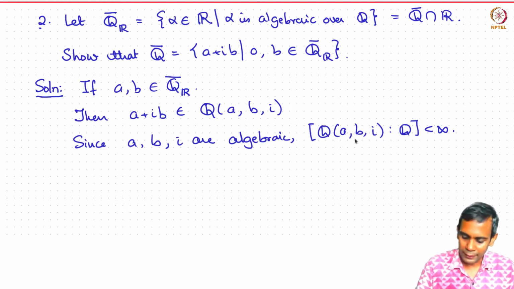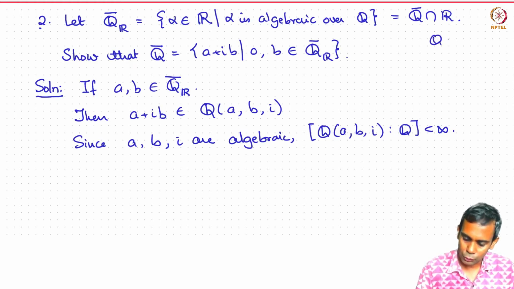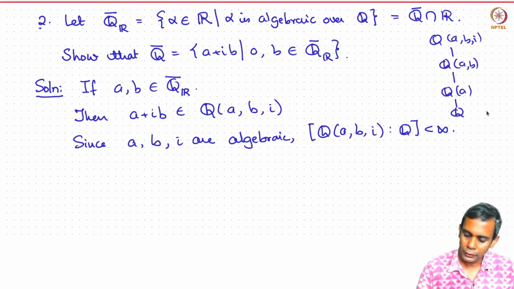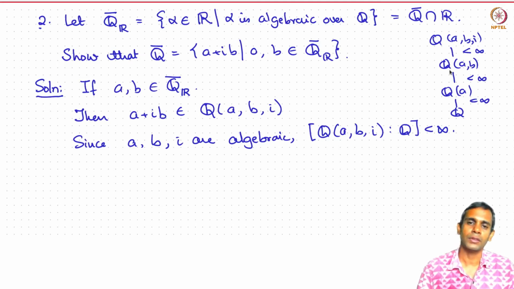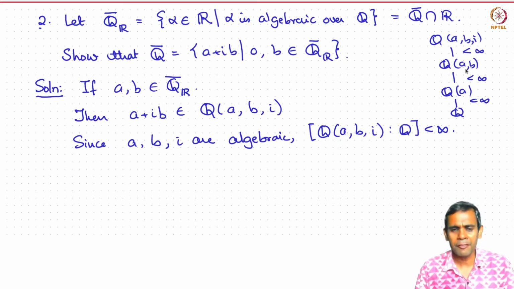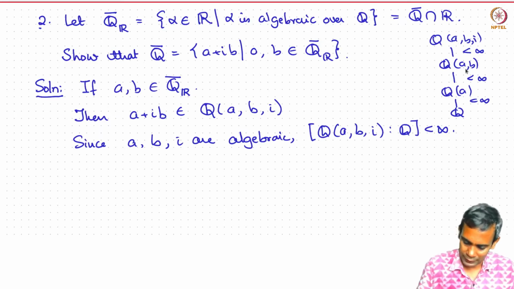You can show it by looking at a tower of fields Q(a, b, i), then Q(a, b), then Q(a), and then Q, and showing that each of these extensions is finite. Basically, you can bound the degree of Q(a, b, i) over Q(a, b) by the degree of Q(i) over Q. We've seen these kinds of arguments before in the lecture.